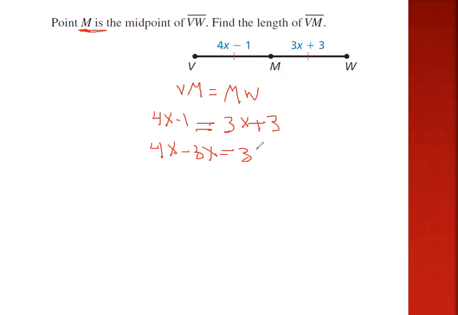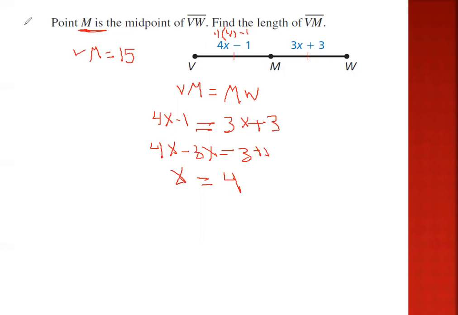It will be 3 plus 1, which means x equals how many? 4. What was the question looking for? VM, the length of VM. So we replace the value of x: 4 multiplied by 4 minus 1. So VM will be equal to 15.